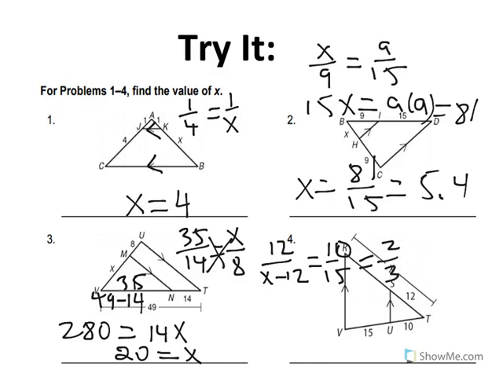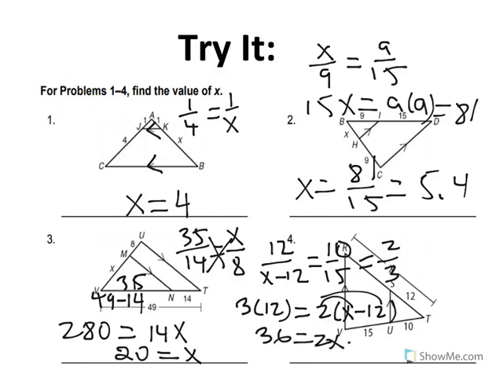So now we can use our cross product. So we said 3 times 12 equals 2 times x minus 12, and then use distributive property. This gives us 36 equals 2x minus 24. Add 24 to both sides. So we have 60 equals 2x, solve for it. So then x equals 30.